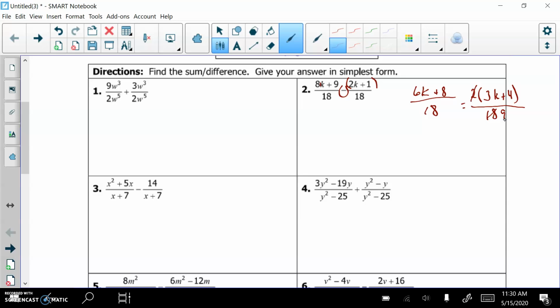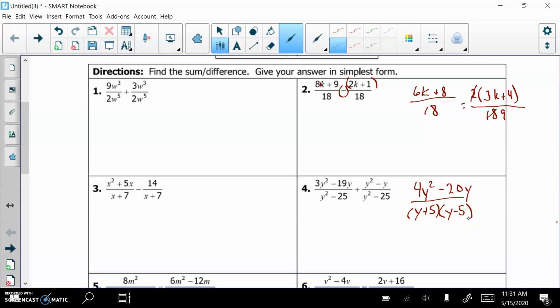Number 4, same thing, common denominator set. We're adding, so that's easier. Got 4y squared minus 20y all over, I'm going to go ahead and factor the denominator, y plus 5, y minus 5.